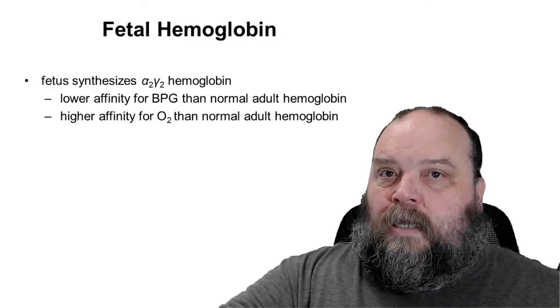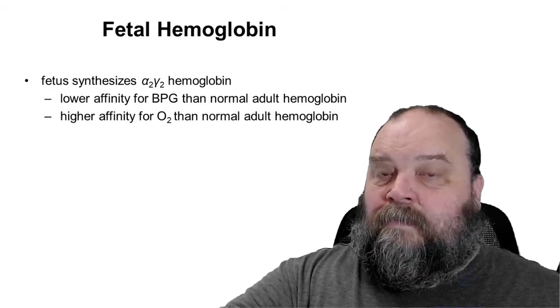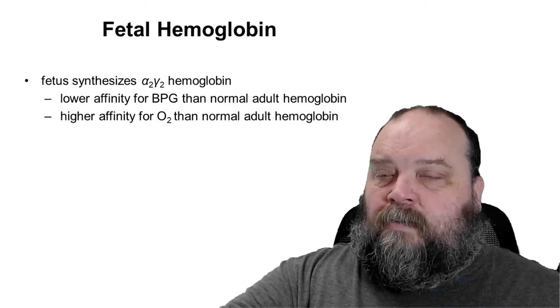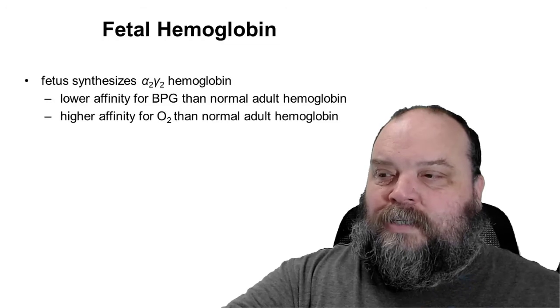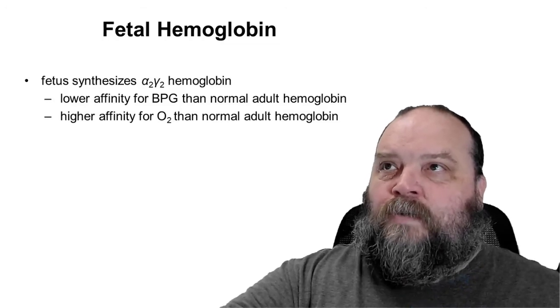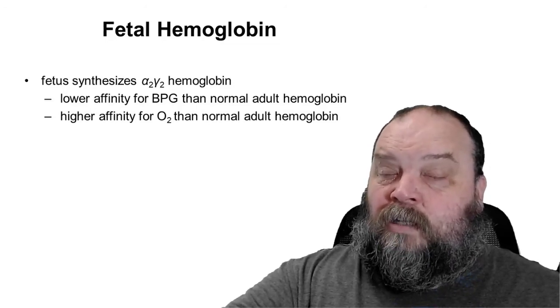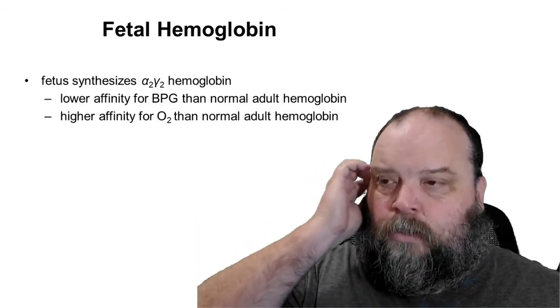We start making hemoglobin. We start having red blood cells in a fetal state. Turns out that the hemoglobin in fetuses is what is referred to as alpha 2 gamma 2. Slightly different shape, still a globin protein, still hemoglobin-ish.